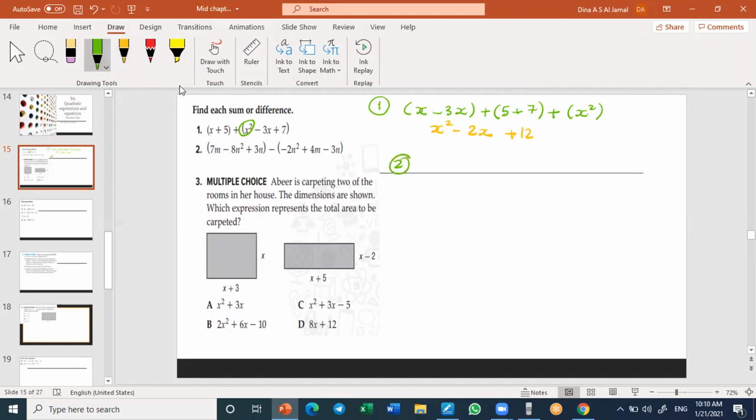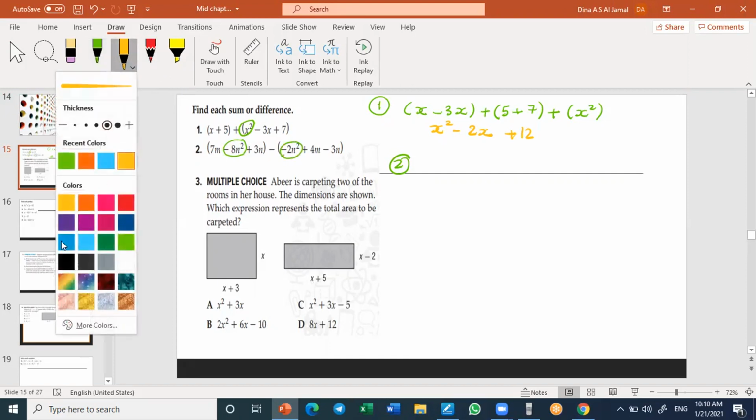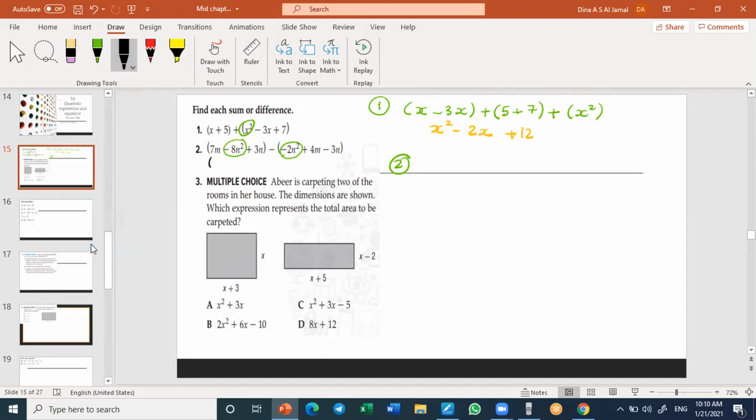Again, let's start from the beginning with the highest power, and pay attention. Here you have two letters, n and m, and you have subtraction. What I advise is that from the beginning you distribute the minus and change it into positive.